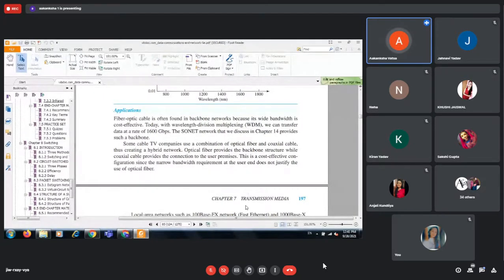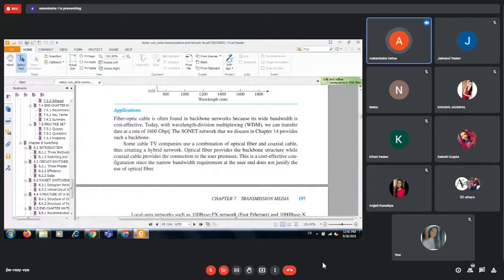Today WDM is used at a data rate of 1600 Gbps. You must have heard that most universities, most offices in India and most big companies have their own optical fiber network and optical fiber backbones because they offer high data rate networks to their employees and to their customers.